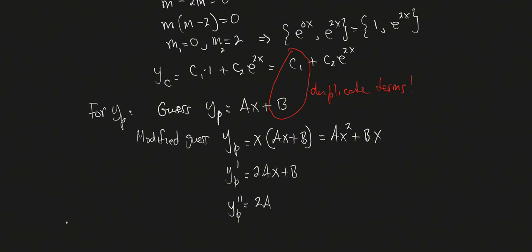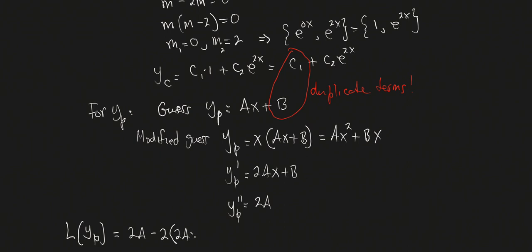So our operator, when applied to our modified guess, takes the second derivative and subtracts 2 times the first derivative. And notice now we still have a b in there. So that's going to give us a way of solving for b.